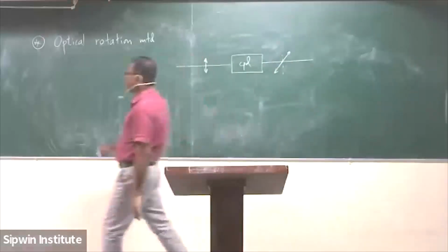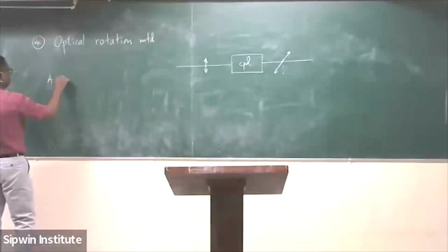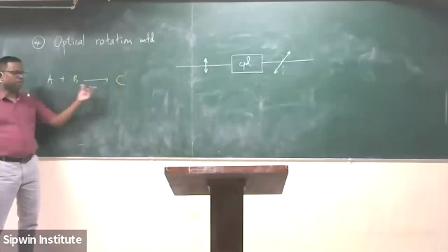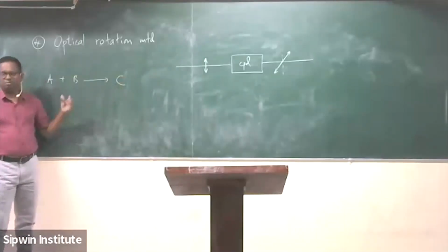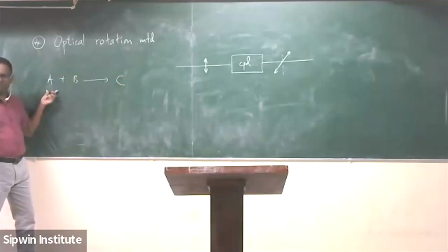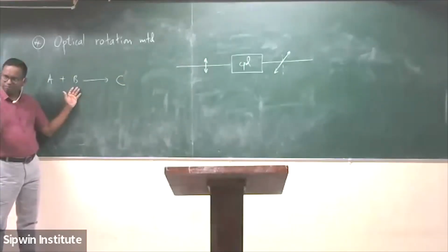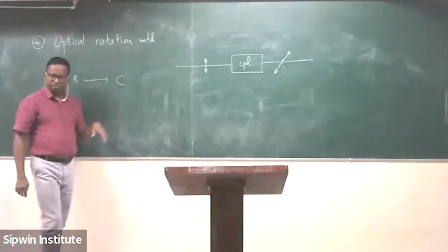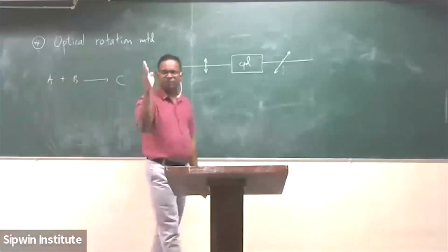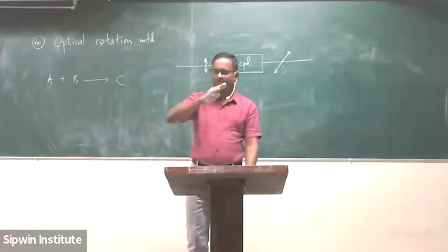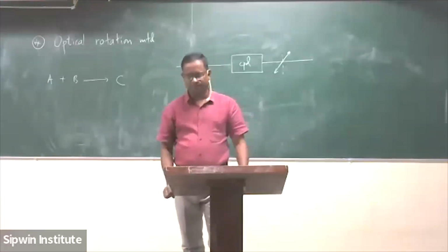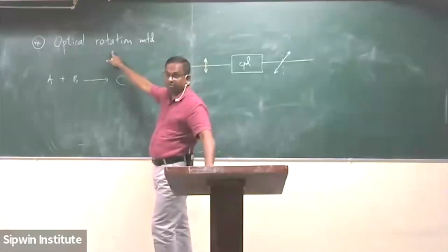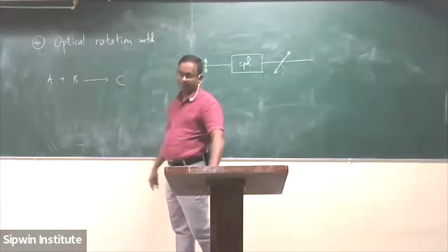We have a reaction A plus B into C. The optical activity of these and the optical activity of this are different. That means this one changed clockwise, this one also clockwise, this one anti-clockwise, like that way. Now when this reaction happens, somewhere it will turn to the left side or the right side. That is optical rotation, so we measure the rotation.